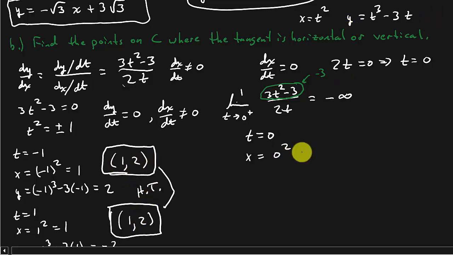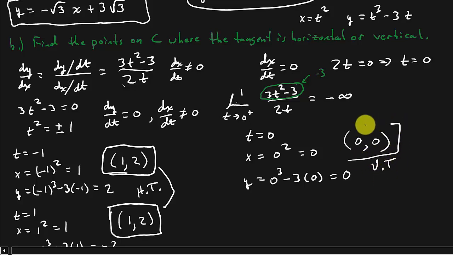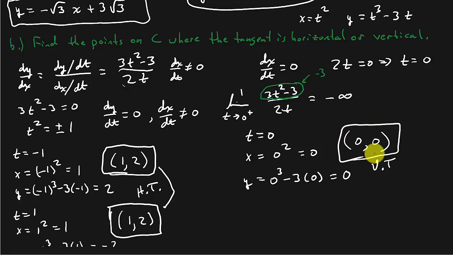Now I'm going to do the same thing here. And so y is equal to 0 cubed minus 3 times 0, which is 0. So I have a vertical tangent at the point (0, 0). I've got a vertical tangent there. All right, and that's what they were wanting us to find there.